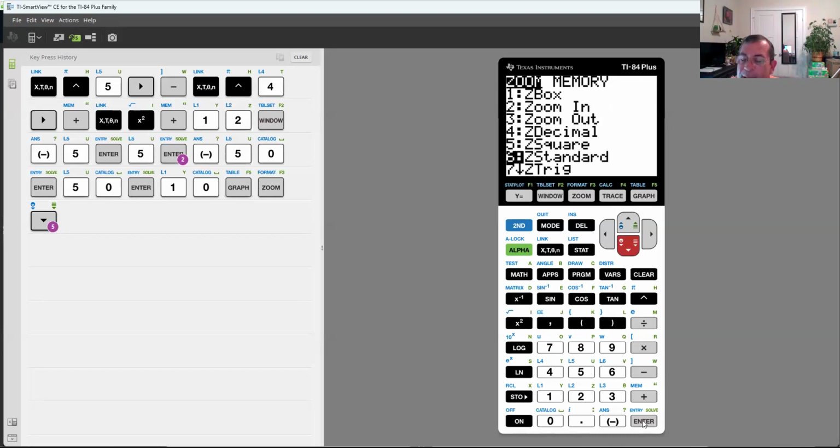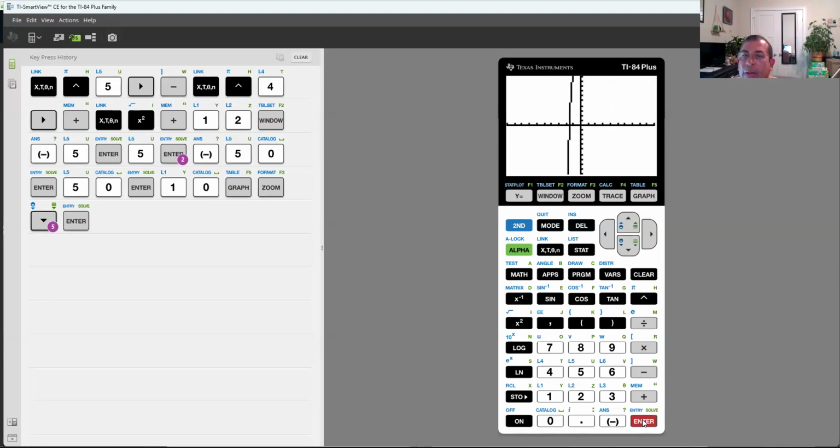This will set it back as a standard 10 by 10 graph when you hit enter. Now notice, you can't tell what's happening with this graph. That's why they wanted us to do negative 5 to 5 and then negative 50 to 50 on the X's and Y's. I was just showing you mainly how to set it back to a 10 by 10, okay?